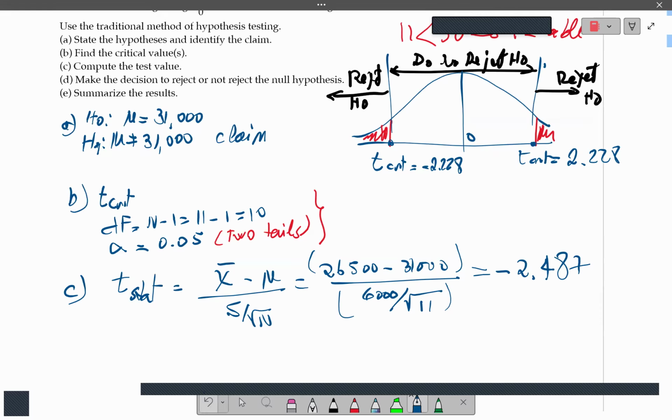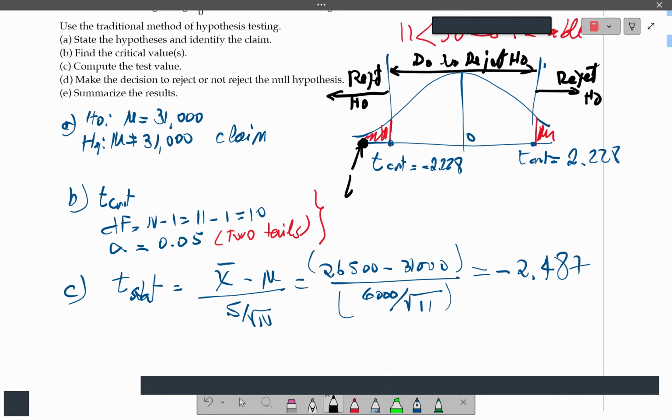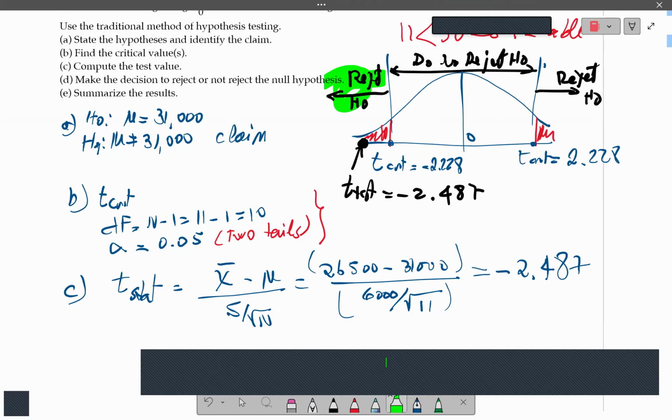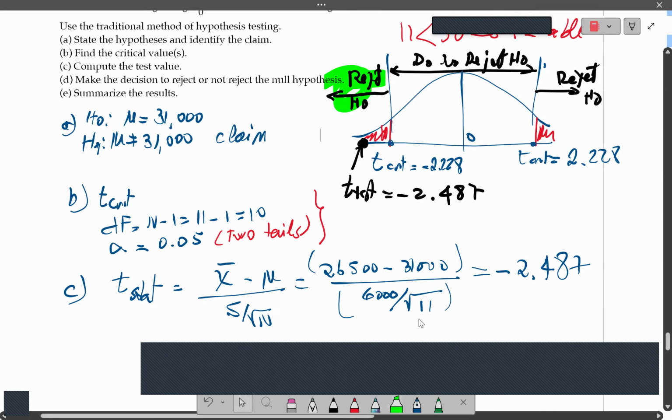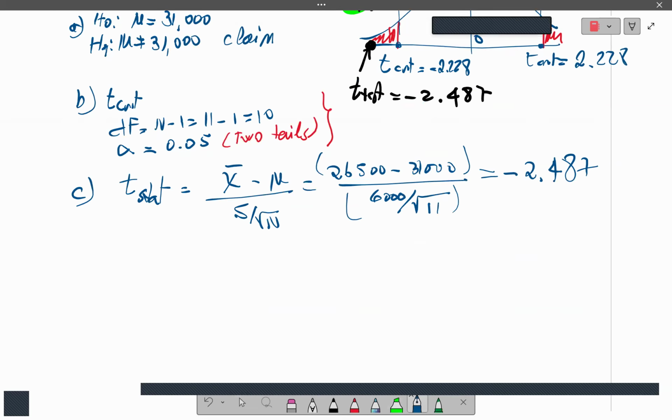All right, so where is the minus 2.487 going to fall? So you're going to fall here. What zone is that? Reject, right? So if you reject it, E, do you have enough evidence or not?